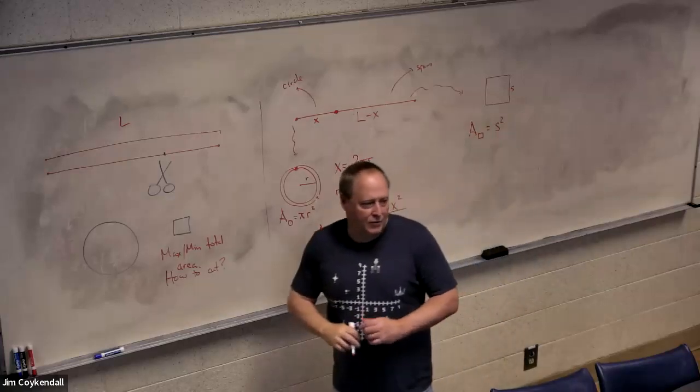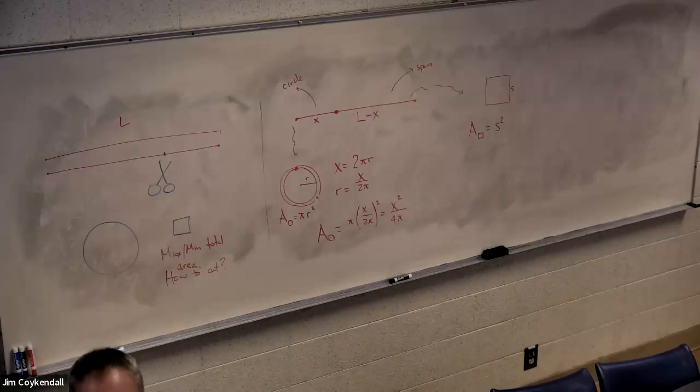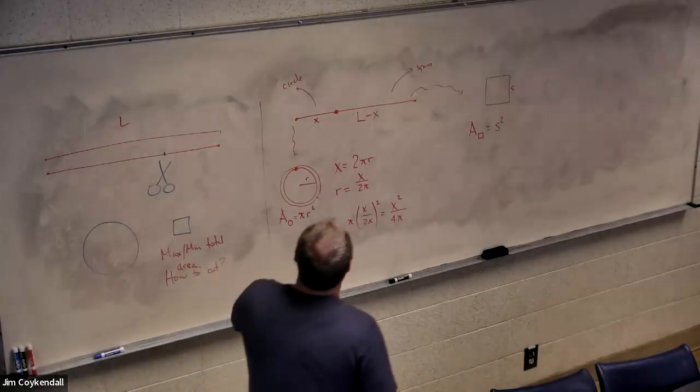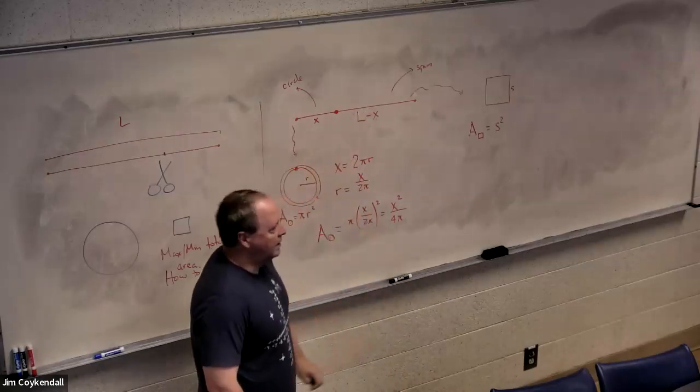Oh, look at me, I'm just burning it up with formulas. I happen to know the area of the square. But I've still got the same problem that I had before. S is not in terms of what I want. I want to measure this in terms of the cuts I made on this wire.